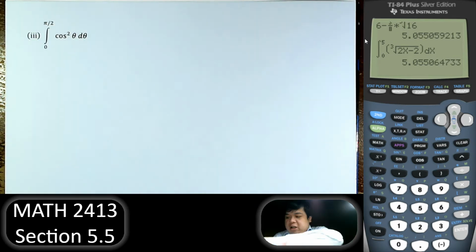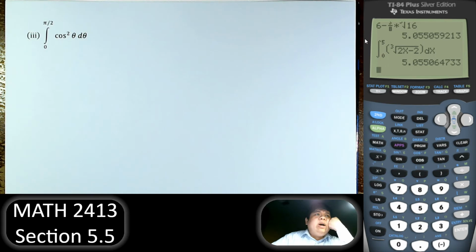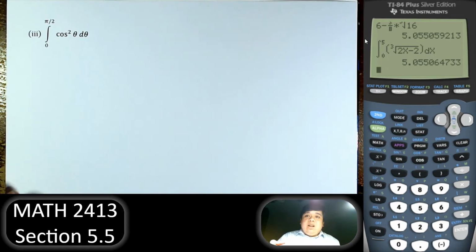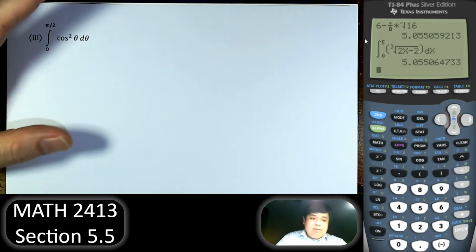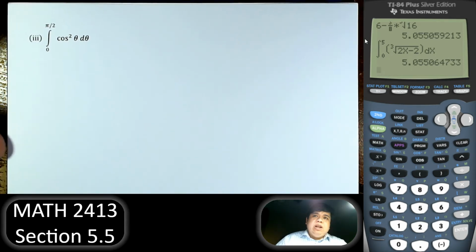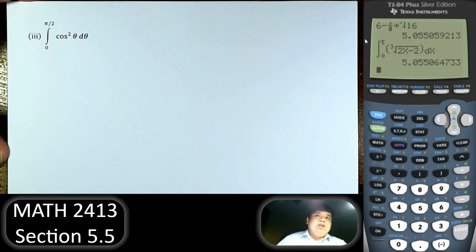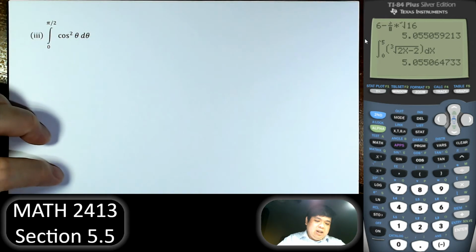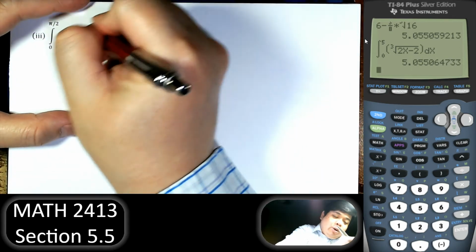Now, we have this cosine square. So how do we do cosine square? Well, there's not much we can do. Usually we more likely see this in a calculus 2 problem, so I will not go deep into it. But I think it's important.